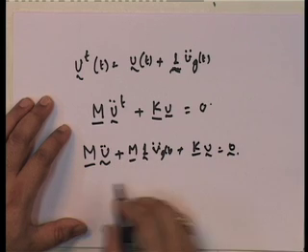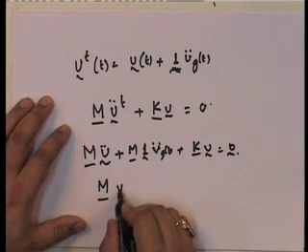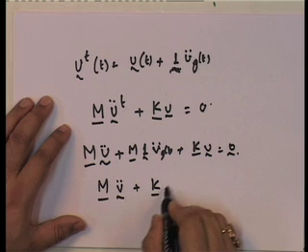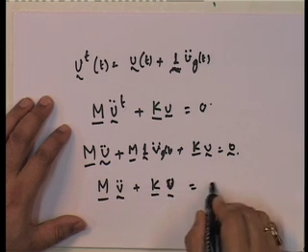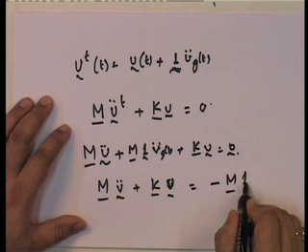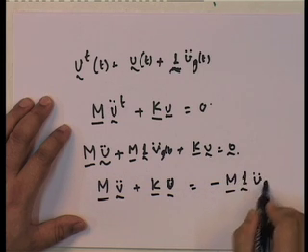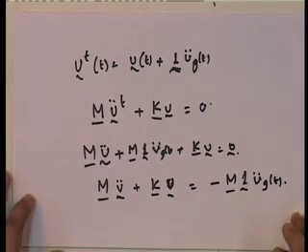So, I will take this one on the other side. So, my equation in terms of the displacement, what we have here is minus m into 1 into v g. Okay.